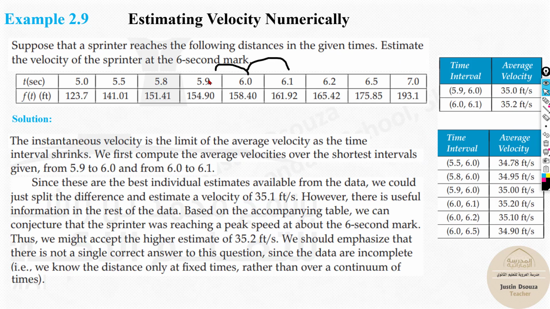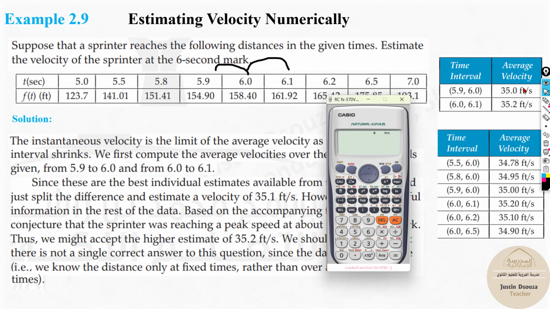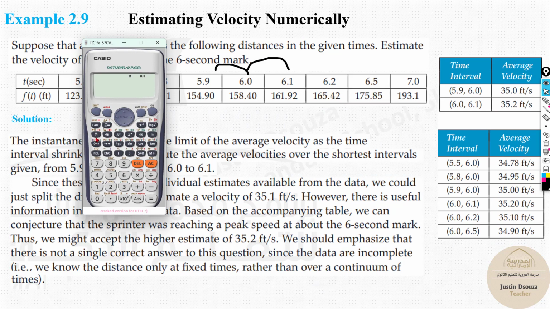Now since over here we are dealing with 5.9 and 6, and 6 to 6.1, how do we find the average velocity? We have done this previously. It is the function f of x values: 158.4 minus 154.9. It's higher minus lower, divided by the difference. 6 minus 5.9 is 0.1, but I'll just write it over here.